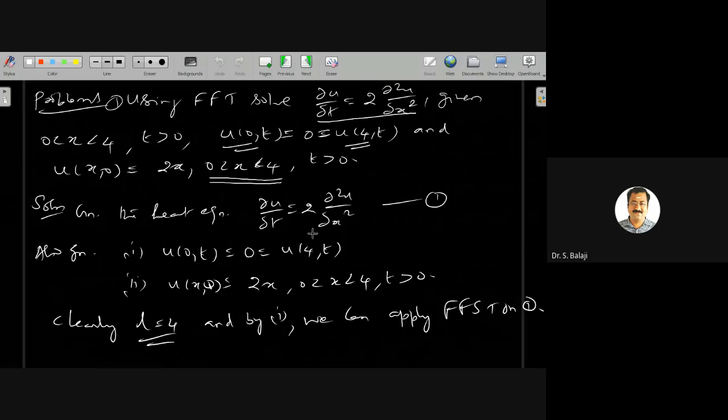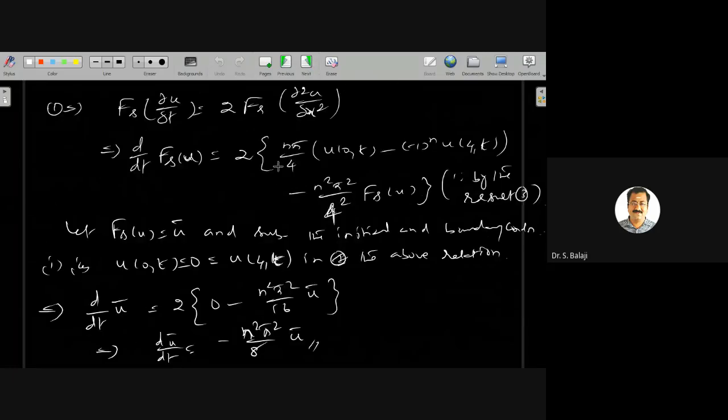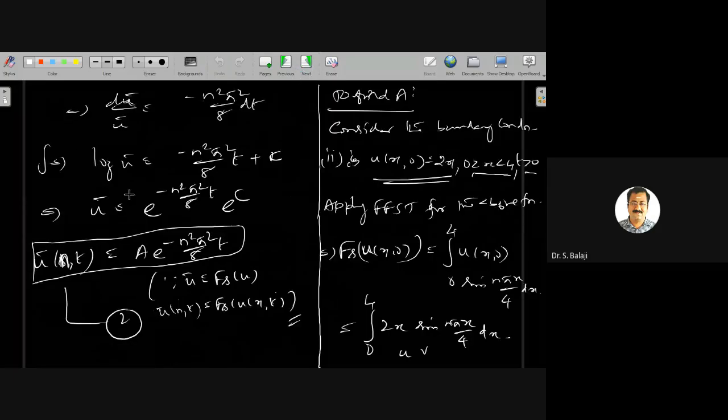You already know the results of Fourier sine transform on both the expressions. Substitute the applied conditions 0, 0, take u bar, and you get the differential equation in u bar, and then apply the variables separable idea and integrate. Here u bar means u bar of n comma t.